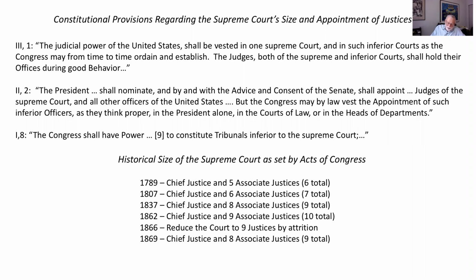In the meantime, some developments in the court really changed things. One of them happened within a month of the fireside chat. There was a case that came before the Supreme Court called West Coast Hotel versus Parrish. And the issue in the case was, did the federal government have the right to set minimum wage laws?